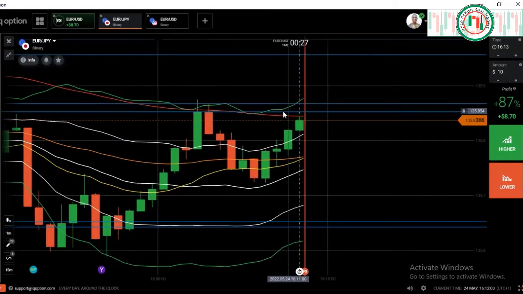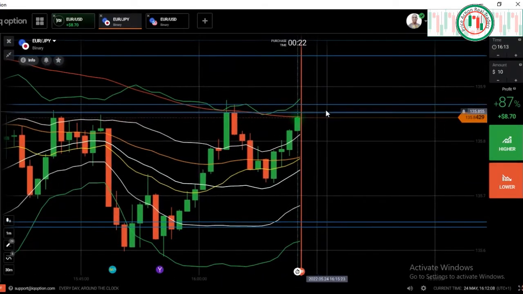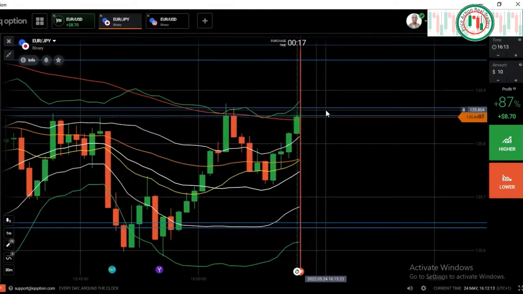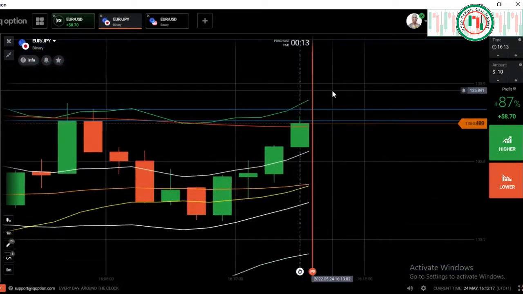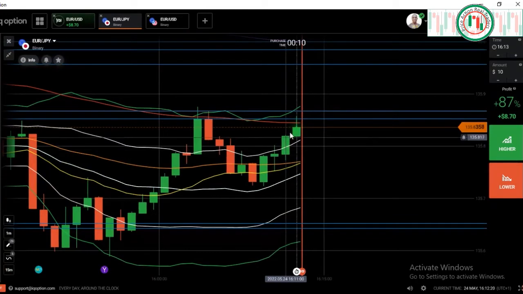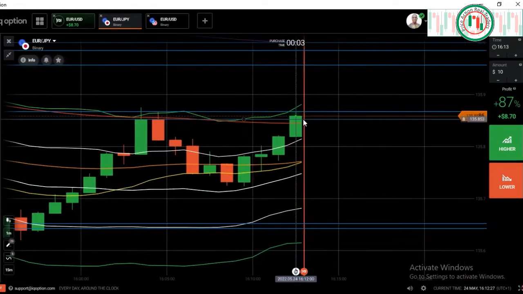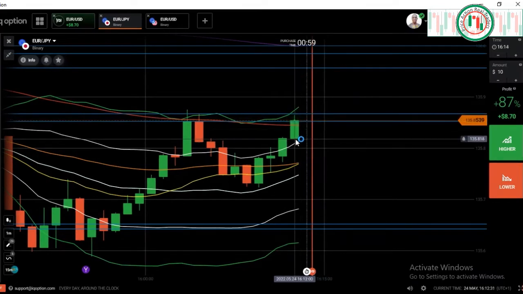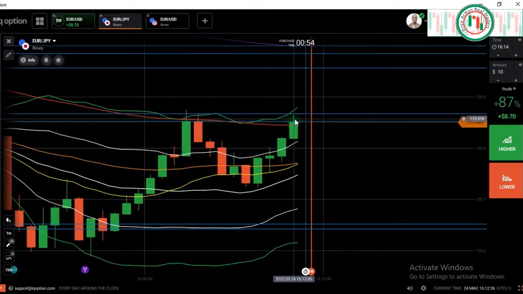Although this is strong uptrend, see here, see rejection. But this is hammer. As you see rejection here.